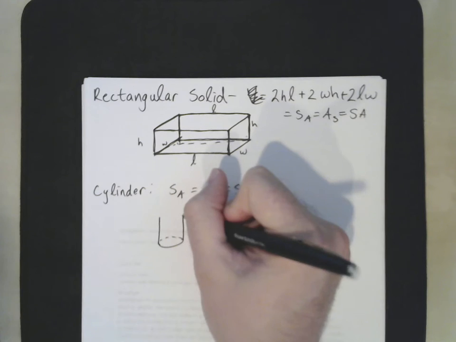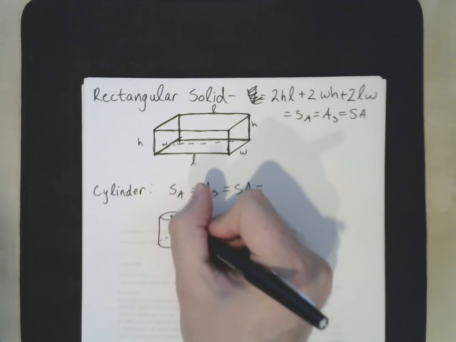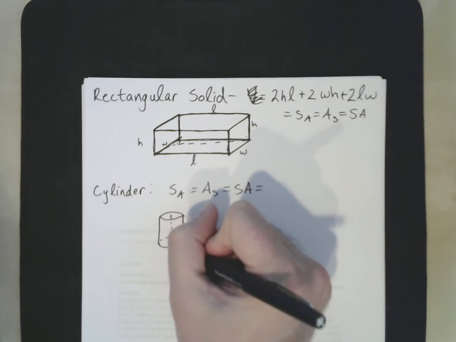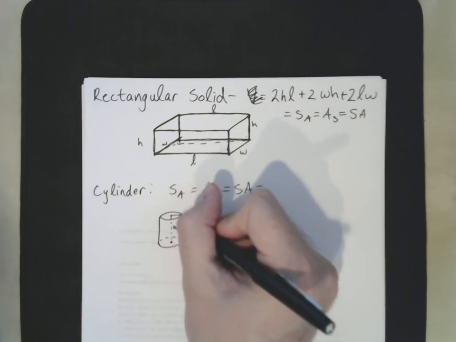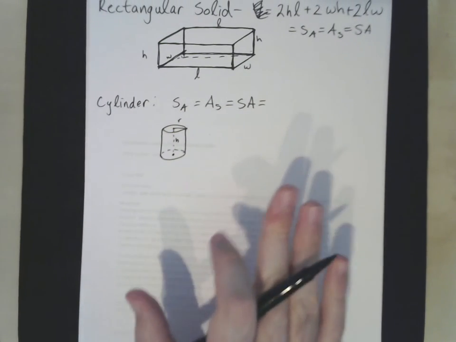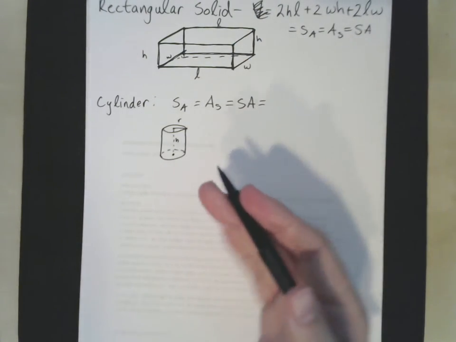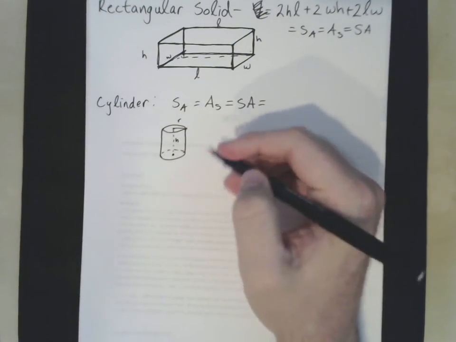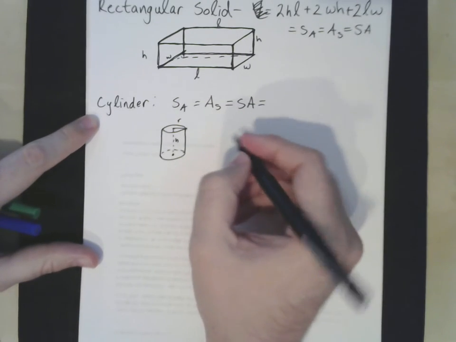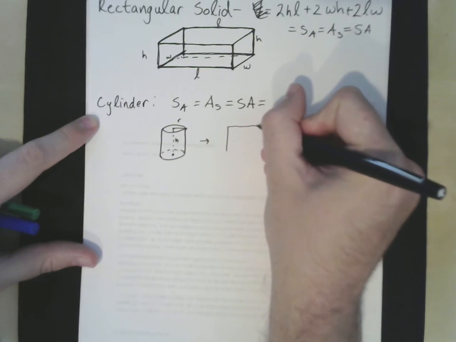The cylinder is a little bit special because it's got the circle. Here are our dimensions, radius and height. So if you were to slice the cylinder with scissors at one of its edges, you could roll it out into a rectangle.